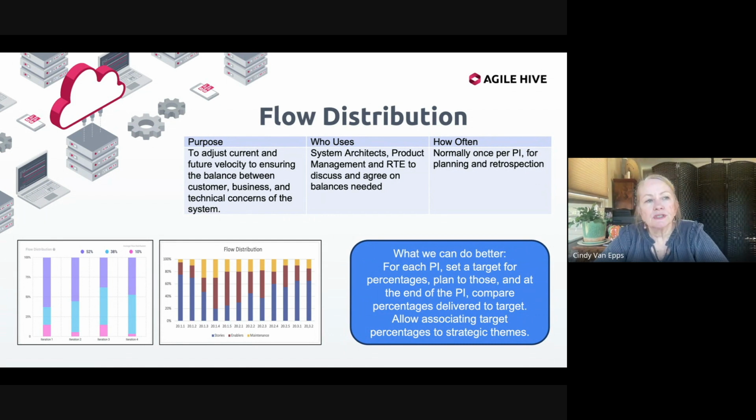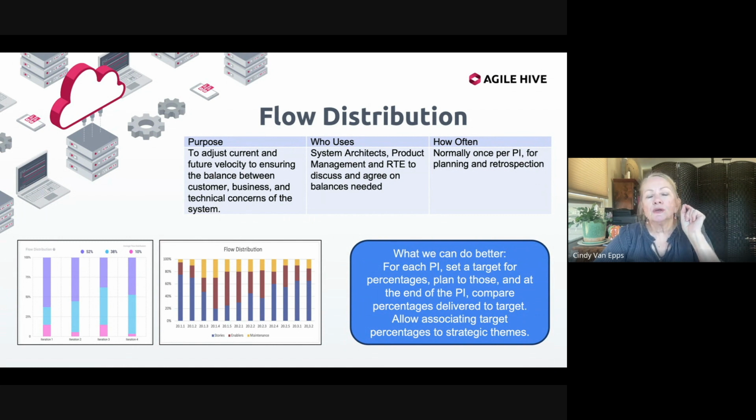Most often it's used at the planning interval level at an Agile release train to look at how are we managing the work, the balance of percentage between things that are customer facing, things that we need to build an architectural foundation, or things that we need to, say, reduce technical debt. So here are the key elements. It will likely be different, your target percentages for each planning interval.